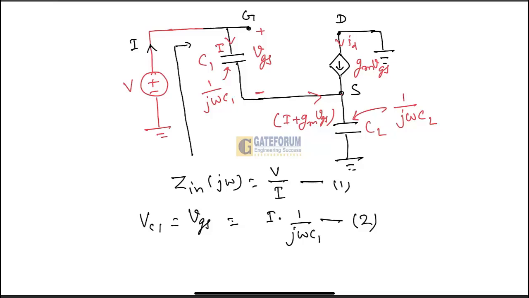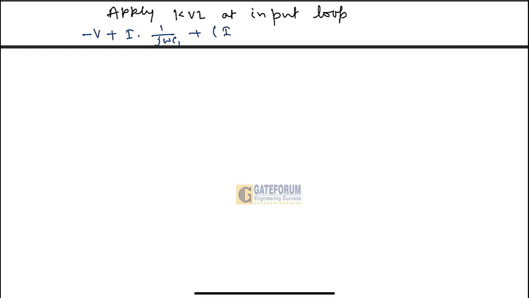By applying the KVL at the input loop, what will we get? Writing down the KVL, we will get minus V plus I into 1 by j omega C1 plus I plus gm into VGS.